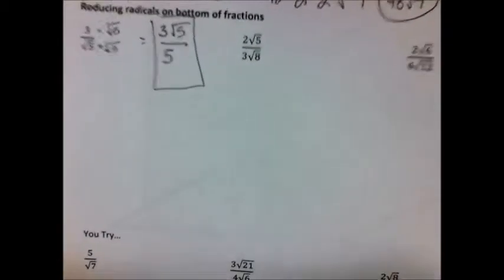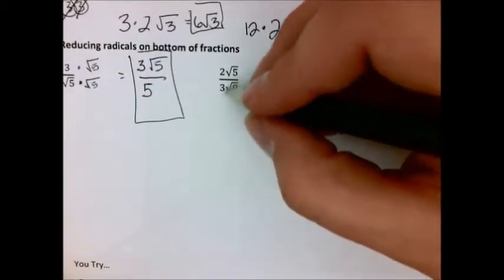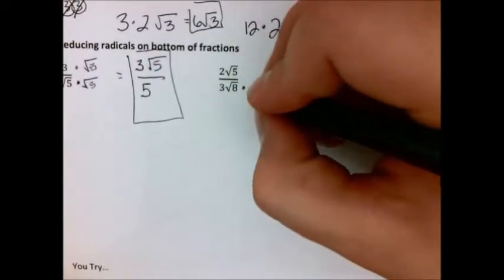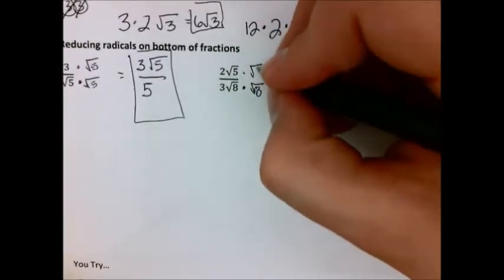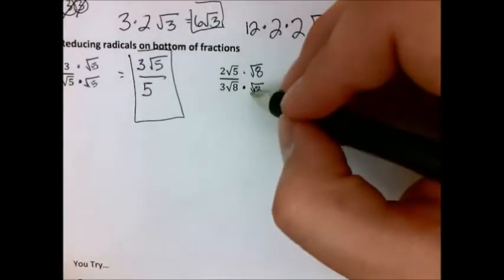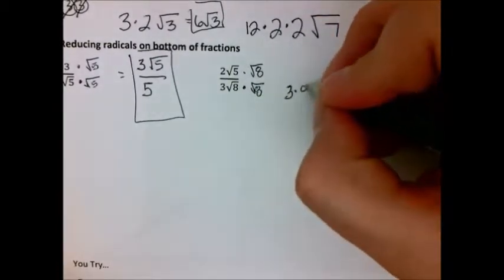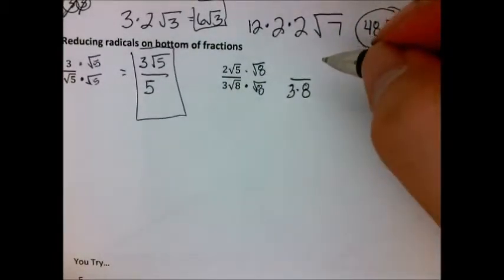This next one, we're trying to get rid of this thing at the bottom. Now, we're just going to be multiplying by just the radical, so this square root of 8. So we're going to multiply the bottom by a square root of 8. We're going to multiply the top by a square root of 8. So we multiply this bottom, we end up getting 3 times 8, because the square root of 8 goes away.